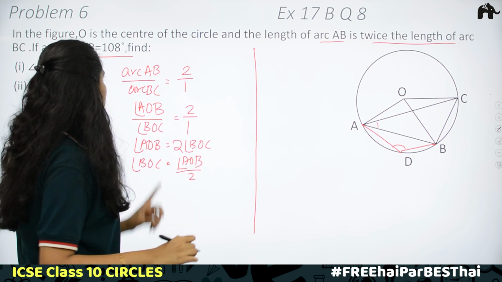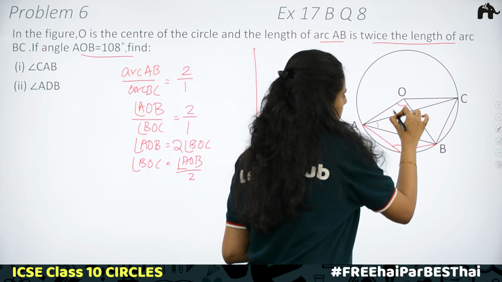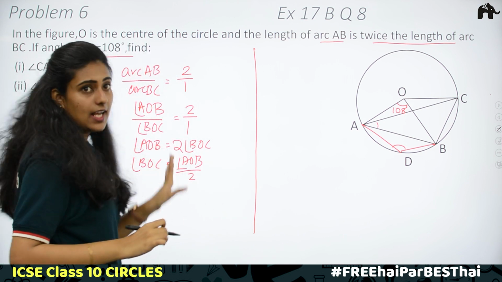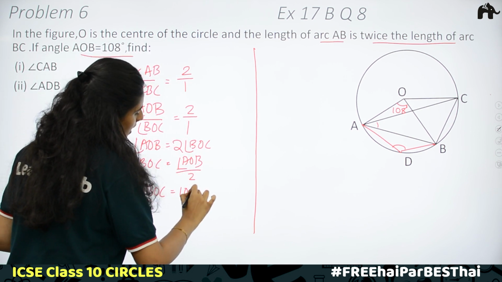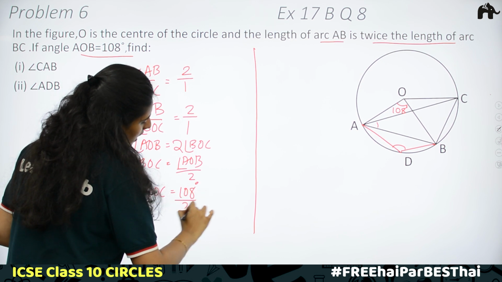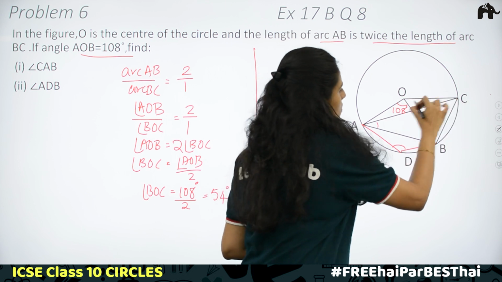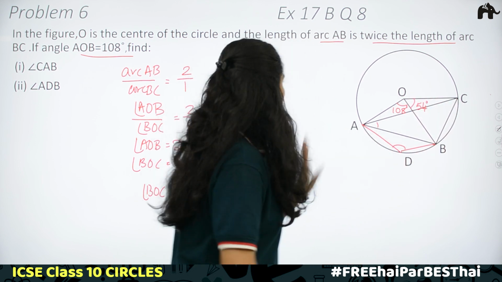In the question it is given that angle AOB is equal to 108 degrees. If AOB is equal to 108 degrees, what is BOC? BOC will be equal to 108 degrees divided by 2, which is 54 degrees. This part BOC is 54 degrees. Now, what we have to find?